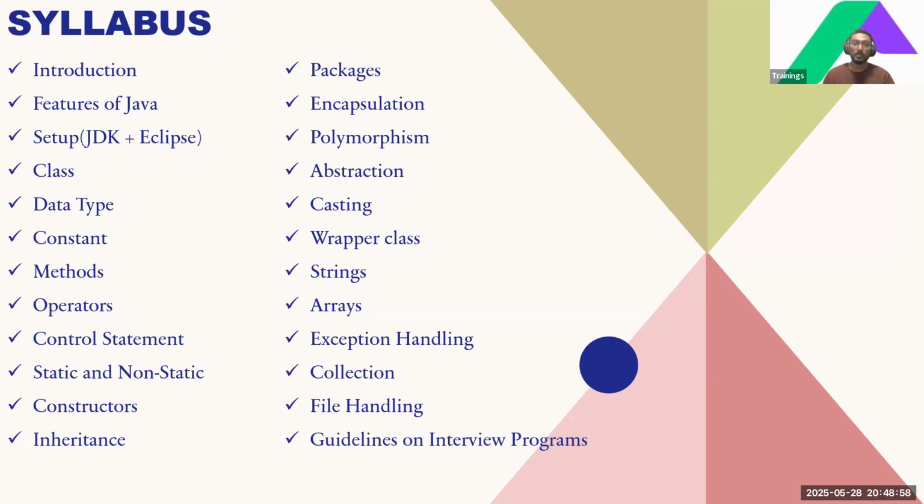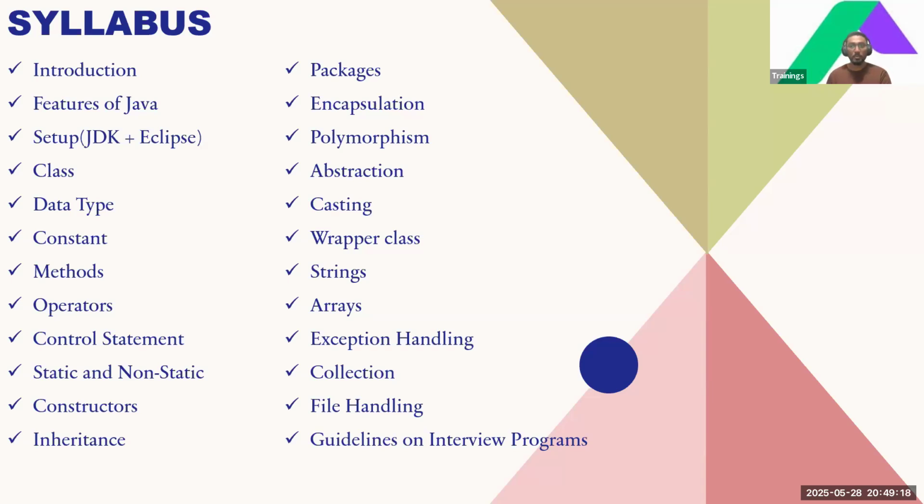Yeah, so I cannot categorize it into easy, moderate, and difficult. It depends on how you understood that concept. It is concept related only. I won't be putting in complex logic to make you understand a concept.